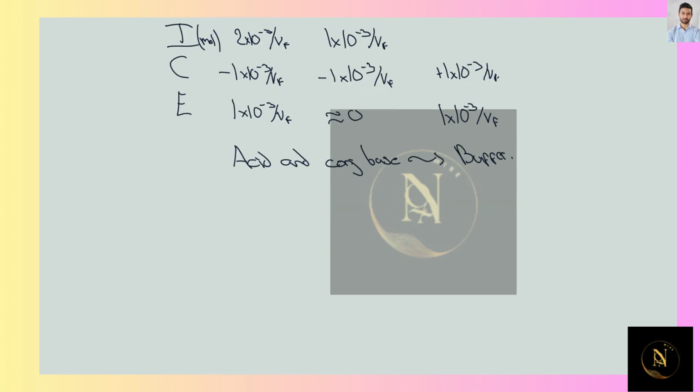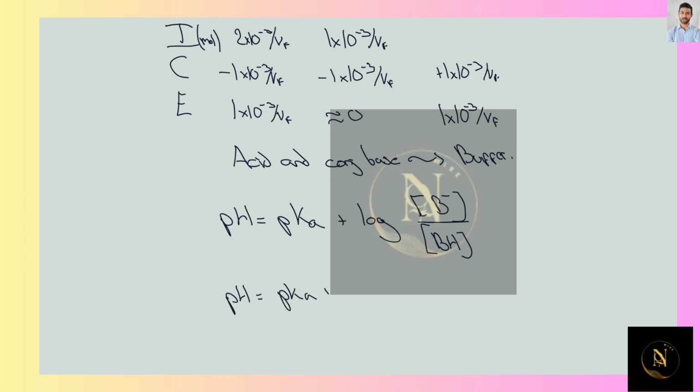But realizing that we have a buffer, we know that the pH is going to be equal to pKa plus the logarithm of the concentration of the conjugate base divided by the concentration of the acid. This is going to be logarithm of 1 times 10 to the minus 3 mole divided by final volume, divided by 1 times 10 to the minus 3 divided by final volume.